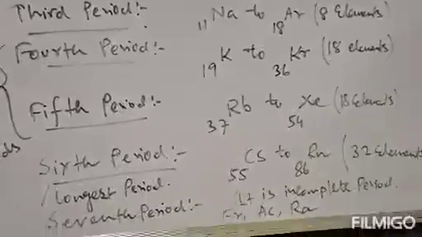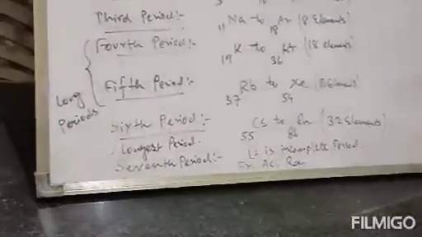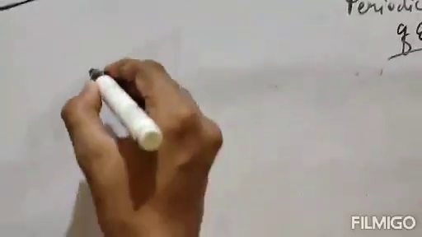So these are all 7 horizontal rows, containing different numbers of elements in each period. Next, groups. We will discuss groups.